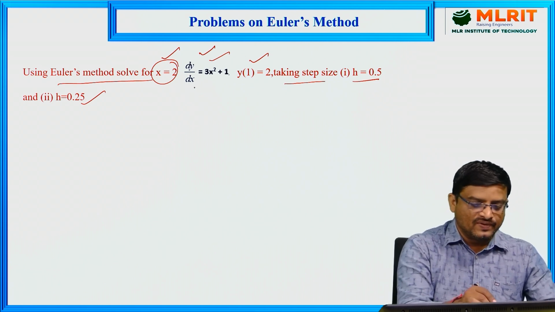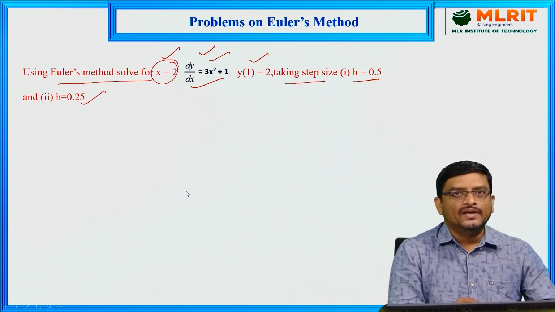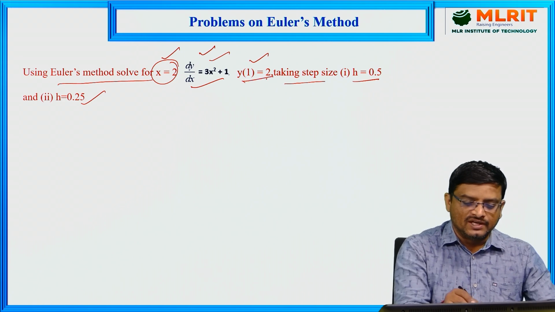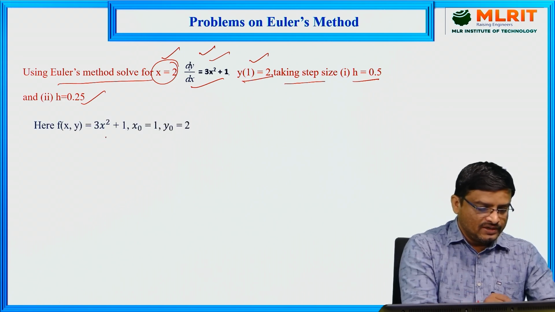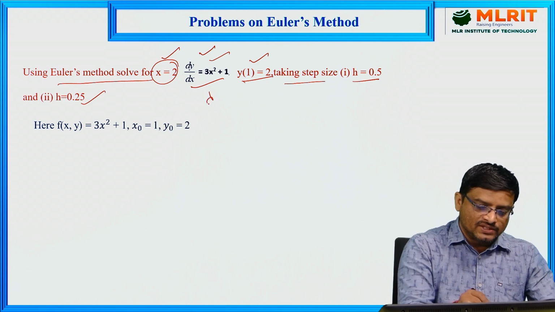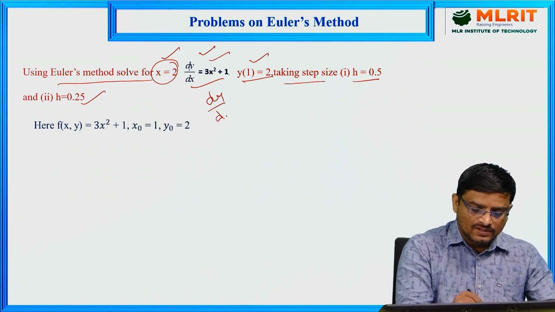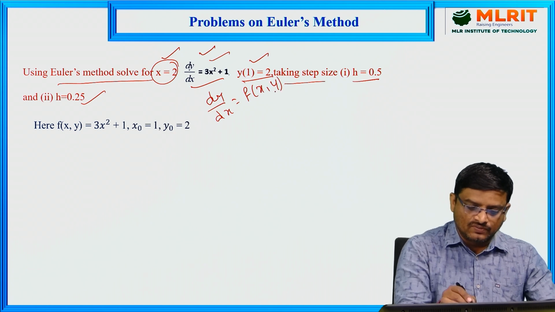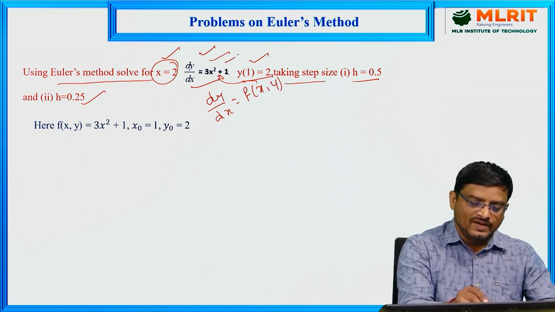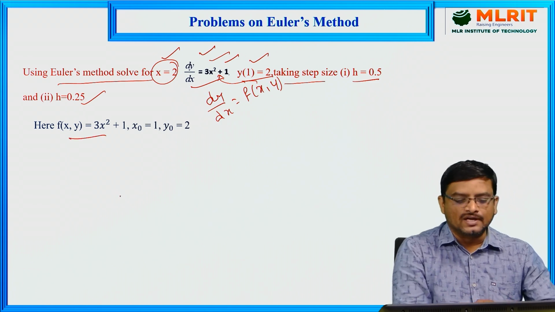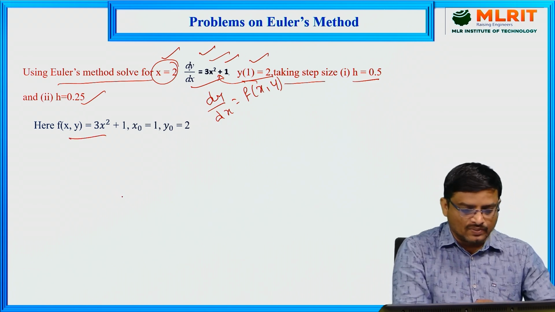Before that, first we will take the dy by dx differential equation with the initial condition and get the x0 and y0 values here. So here, by comparing this with the standard form dy by dx is equal to f of x comma y, which is our standard form of differential equation, we get f of x comma y is equal to 3x square plus 1.